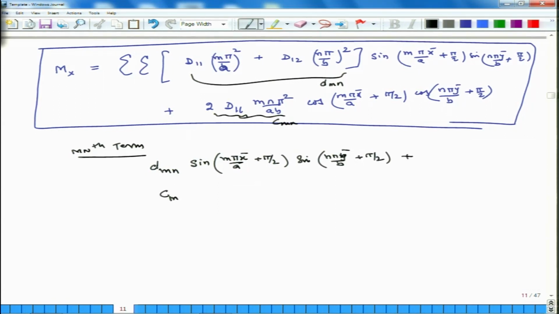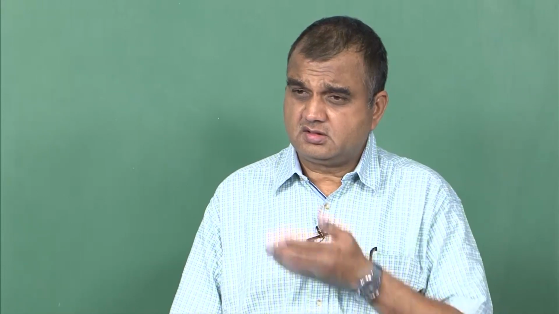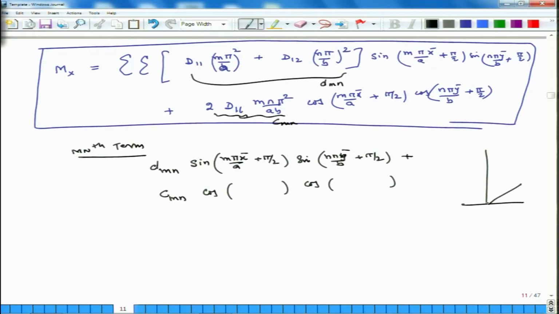plus cmn cosine this times cosine this. And what is sin of (m pi x plus pi by 2)? What is sin of theta plus pi by 2? It is cosine theta.